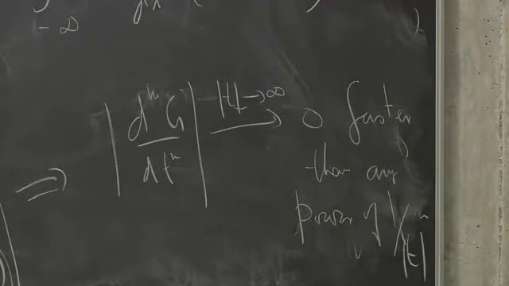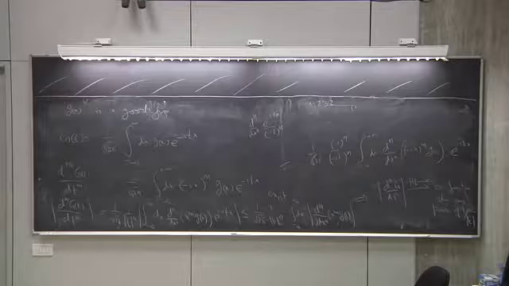Because n was arbitrary, you could keep increasing n, million, billion, trillion, but for everything it's some number.